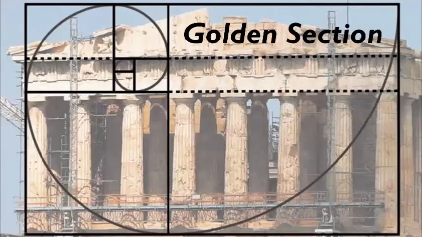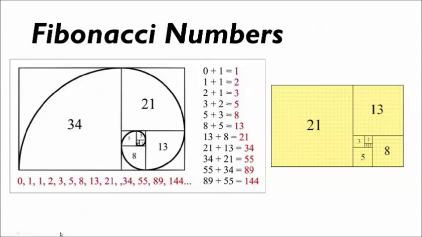Now the other thing that's happening is that when we have something like the golden section as the ordering system, we can find out exactly what the mathematics are of our proportioning system. That's why it's often referred to as the golden ratio. So where does this ratio come from, and how do we figure this out mathematically? Really the golden section and golden ratio is derived from Fibonacci numbers.